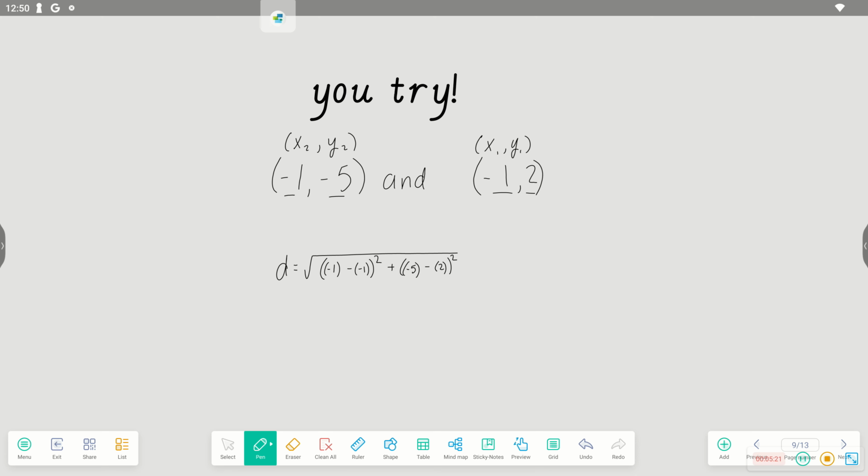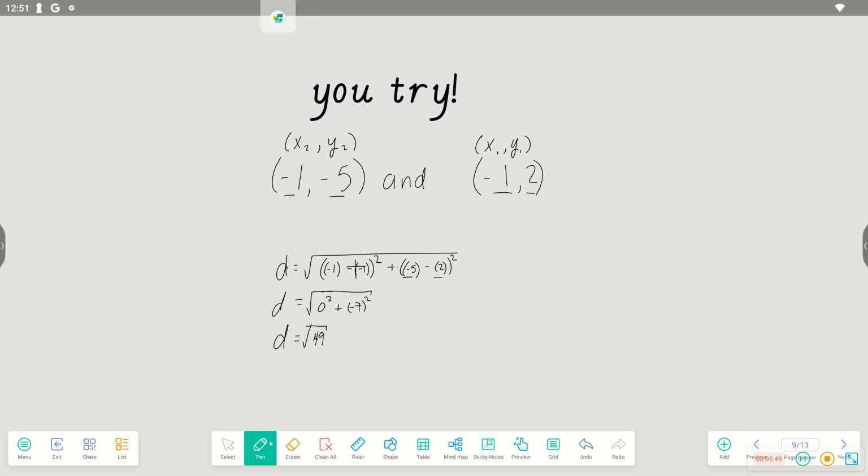Now I'm going to simplify just one step at a time. A double negative is a positive, so I have -1 plus 1 is actually 0. -5 minus 2 is -7. Zero squared is 0, plus, and we have -7 squared is 49.